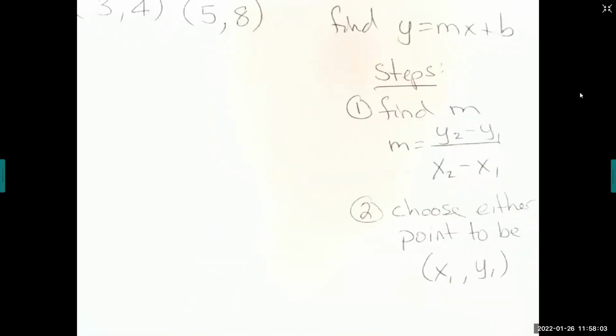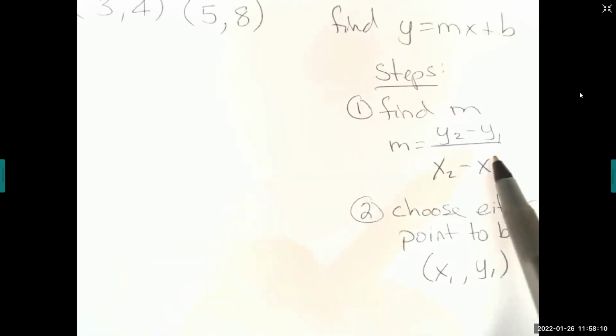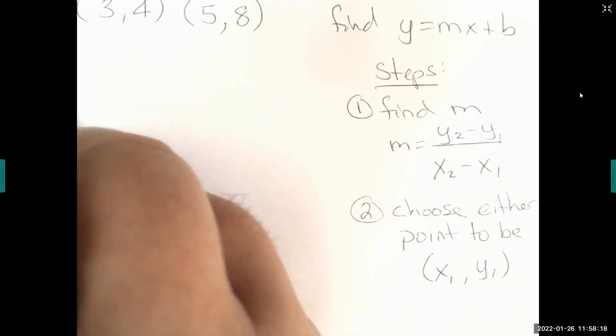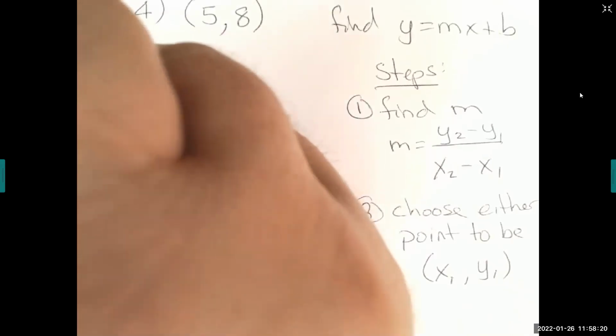So here are the first two steps. Since we need a point and a slope to get started, find the slope first, and then choose either of the points to be x1, y1. So this is x1, y1, x2, y2.